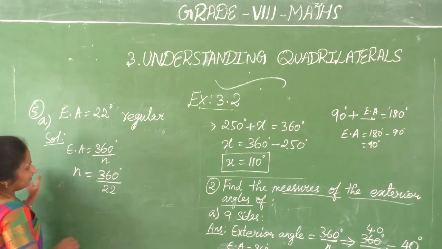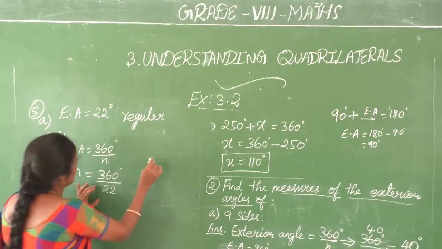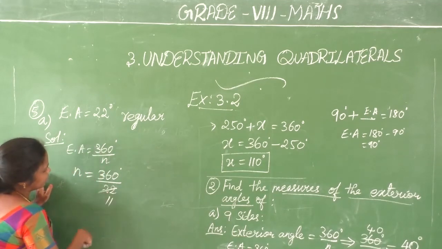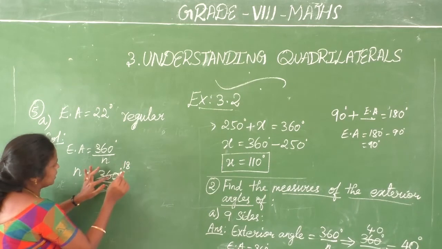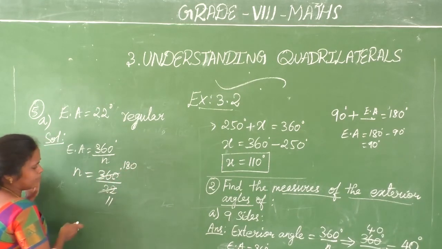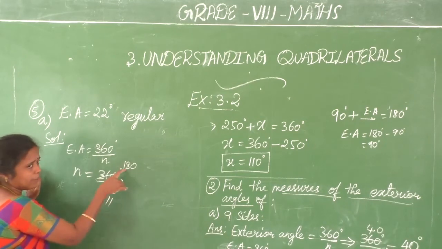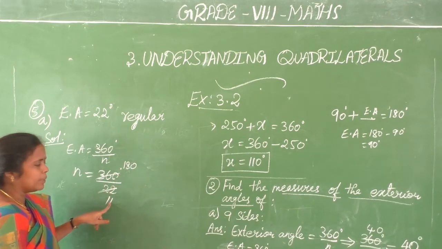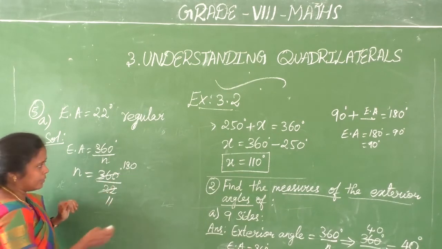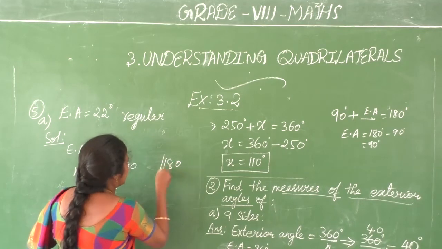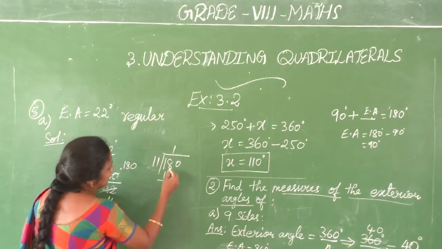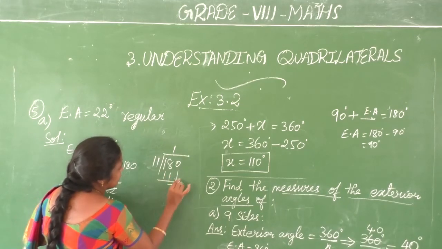Let's check. 360 by 22: we can divide by 2 first. 11 2s are 22, and 18 2s are 36 with 0. So 180 divided by 11. We can't divide 180 by the 11 table with an exact remainder. We will check. See, 180 divided by 11. In 18, one time is possible. Remainder 7. Bring down this 0.